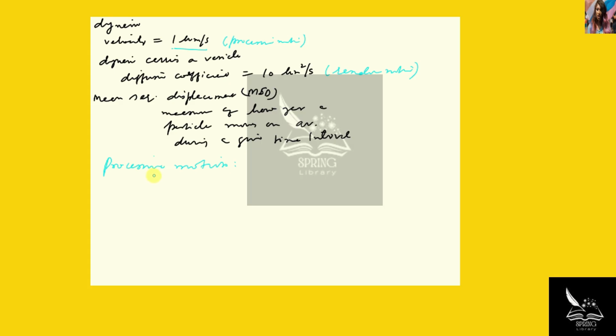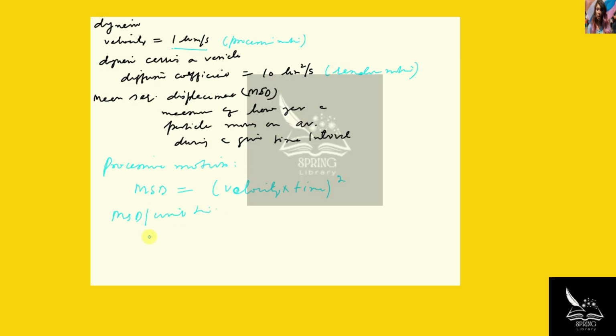For processive motion, the mean square displacement can be calculated as equal to the velocity times time square. Since we are interested in comparing the two types of motions, we can consider MSD per unit time.